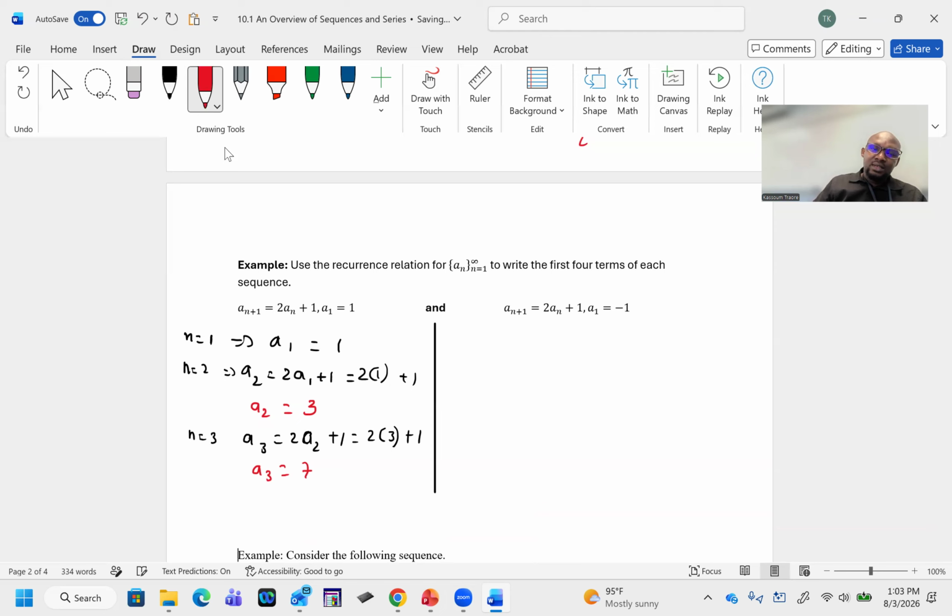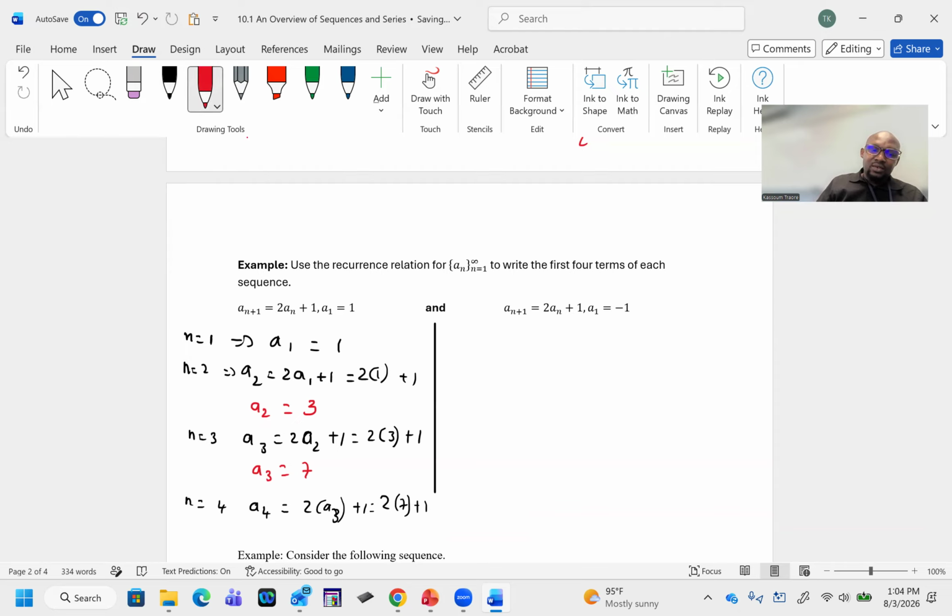Then finally, A4 will be equal to 2 times A3 plus 1, which will be 2 times 7 plus 1.